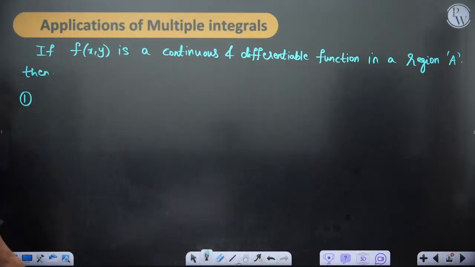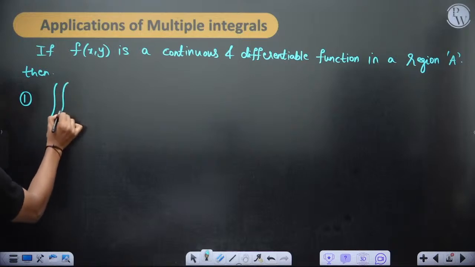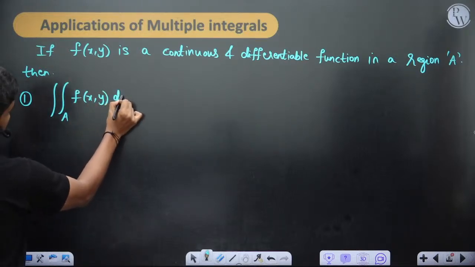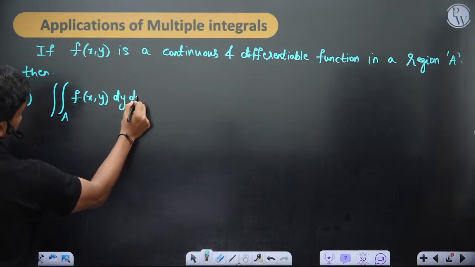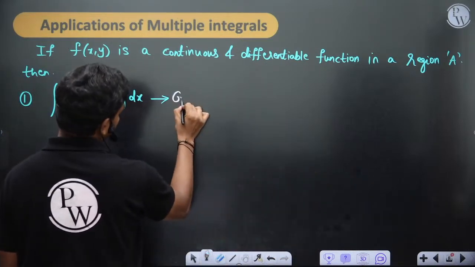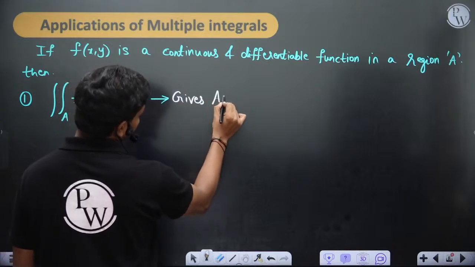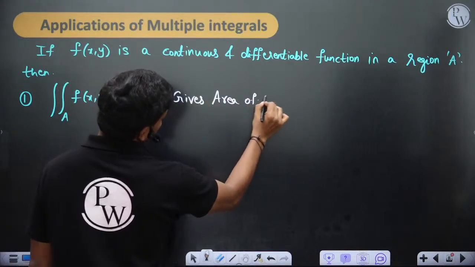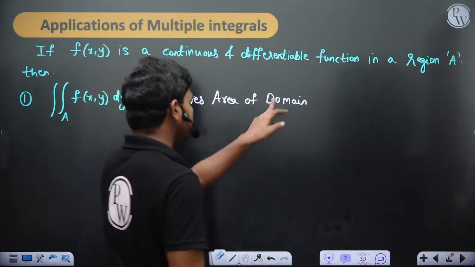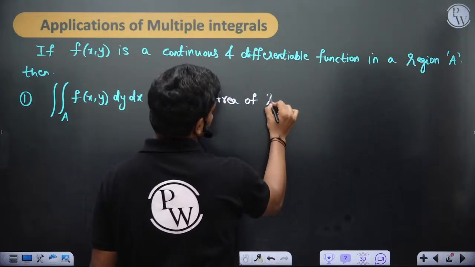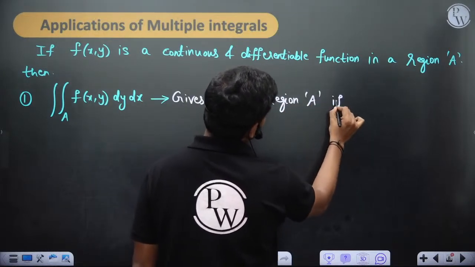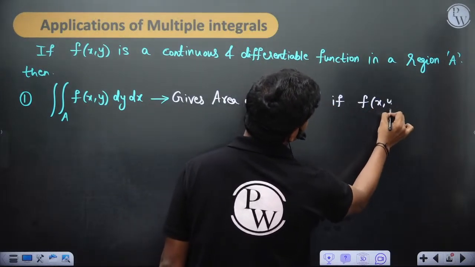First one, integral over A of f of x comma y dx dy or dy dx, depending upon whatever limits you write, gives the area of region A if f of x comma y is equal to 1.